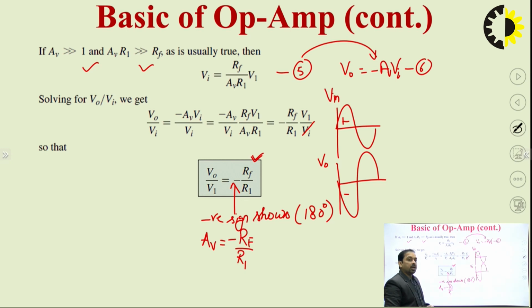So we want to decrease the gain with the help of feedback. Here we can check that if Rf is of the order of, let's say, 50 kilo ohms, and R1 is also in kilo ohms, we'll have a voltage gain AV which is finite. So definitely we'll be able to utilize this amount of voltage gain.